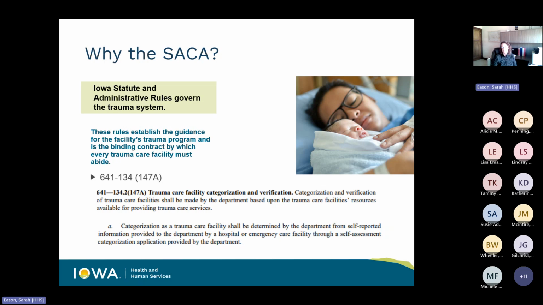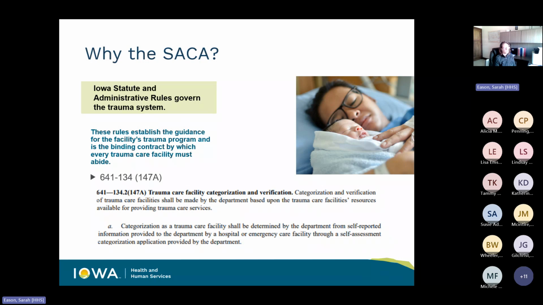It also has the adoption of the Resources for Optimal Care of the Injured Patient noted in law. So that's where you can find those in Chapter 147A. And I just took out a snippet of the specific part that talks about the SACA.